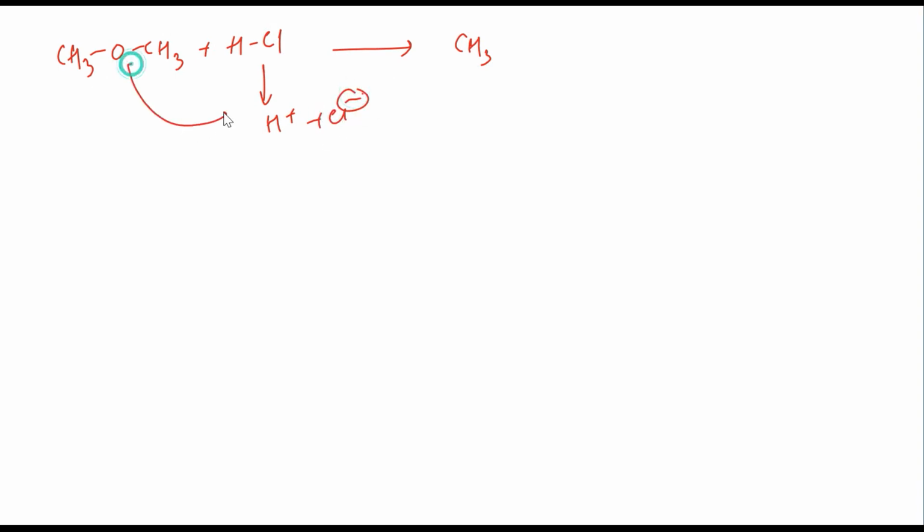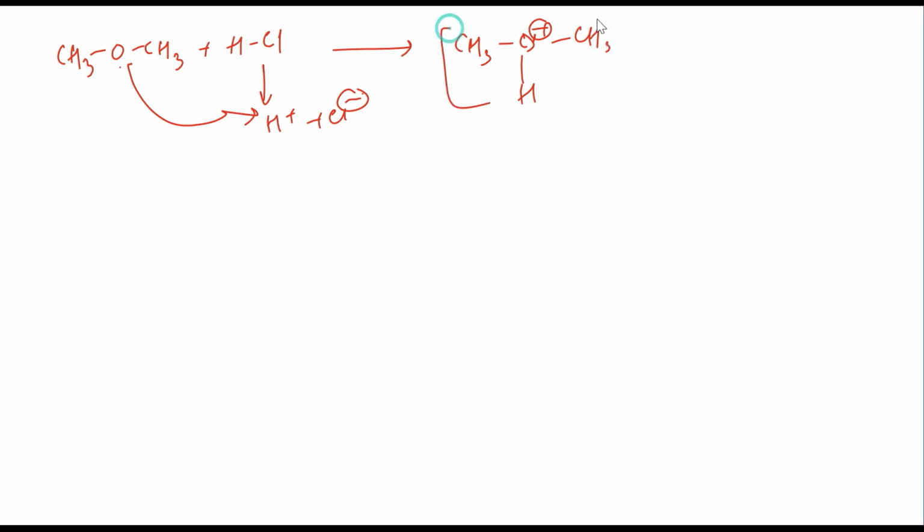Specifically, if we react CH3 O CH3 with HCl, HCl will separate to H plus and Cl minus. In the first step there will be protonation, and there will be formation of CH3 OH plus CH3.